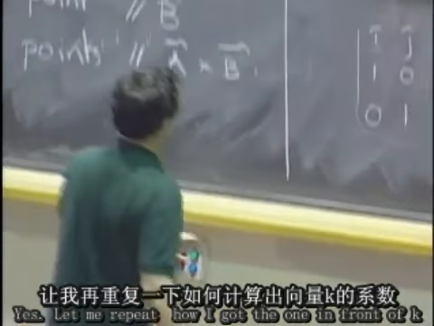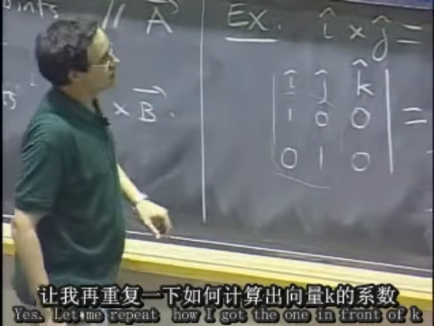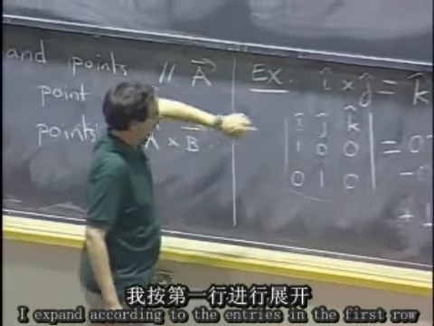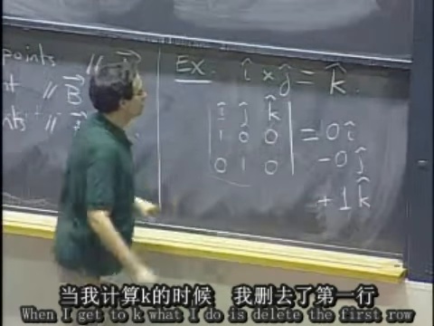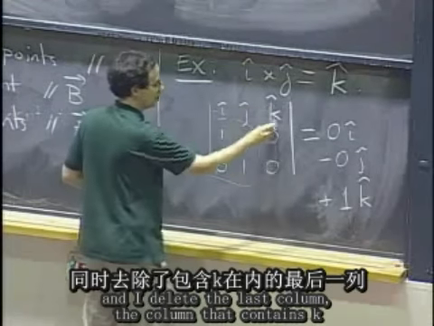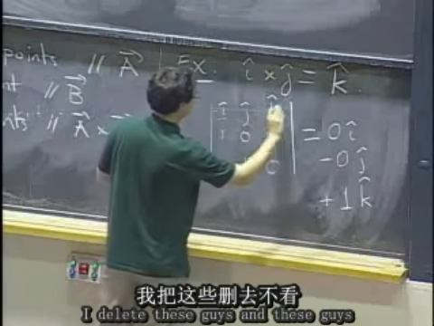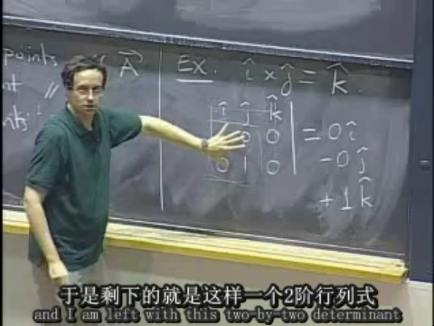Yes, let me repeat how I got the 1 in front of K. So remember the definition of a determinant, I expand according to the entries in the first row. When I get to K, what I do is I delete the first row and I delete the last column, the column that contains K. Okay? So I delete these guys and these guys. I'm left with this 2 by 2 determinant.